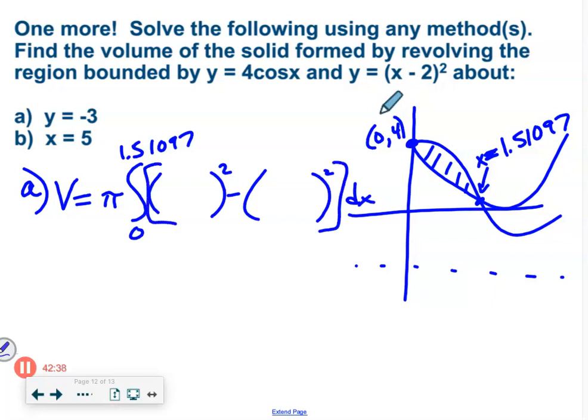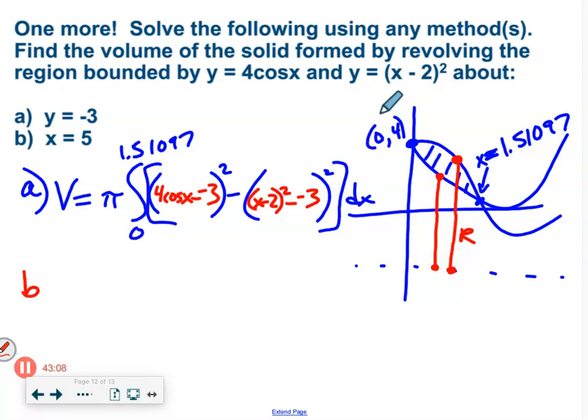All right, big R, start at your axis, go to the farthest away boundary, do top minus bottom. So the top function is actually your cosine, so it would be 4 cosine x minus -3 or plus 3. So that's your big R. Your little r, go to the nearer function, so it would be x minus 2 squared minus -3.